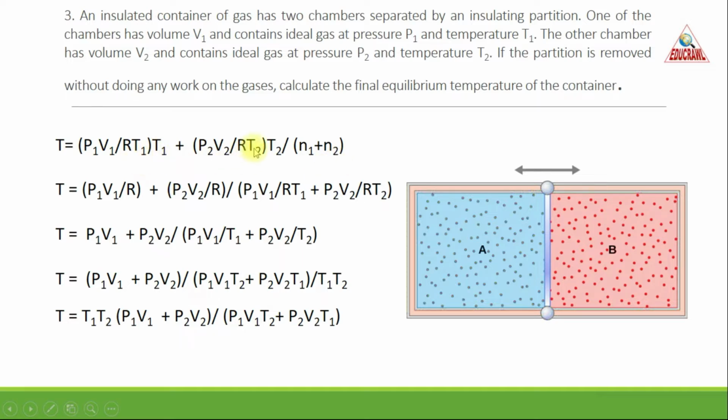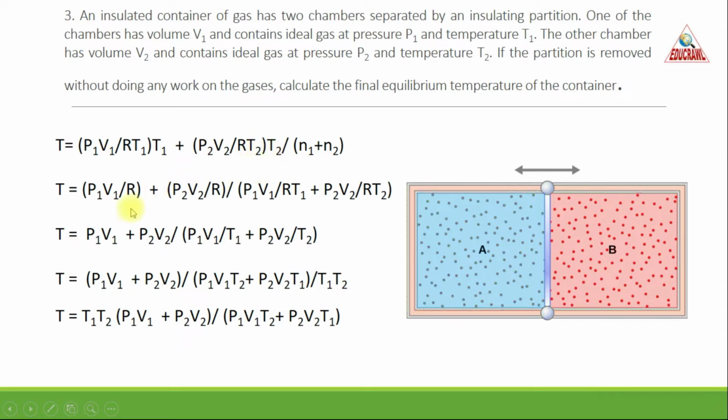Here, in the first term, T1 is in the numerator and T1 is also in the denominator, so you can cancel this. Similarly, in the second term also, T2 is in the numerator and T2 is also in the denominator, so you can cancel this T2.